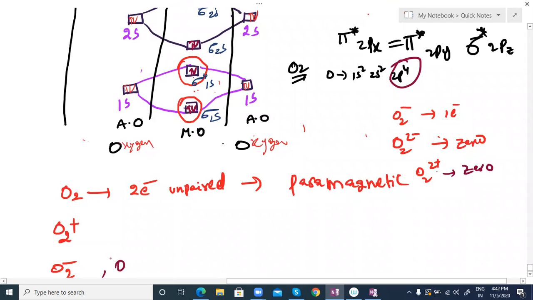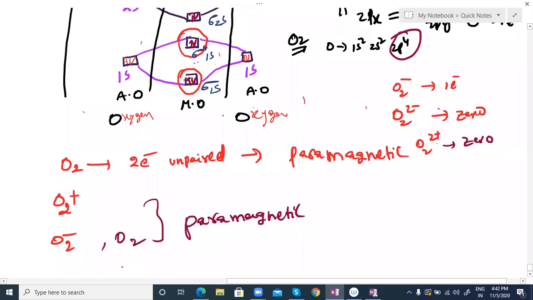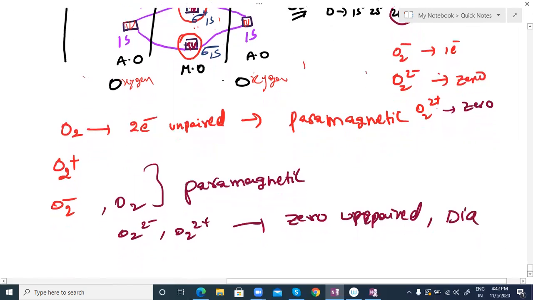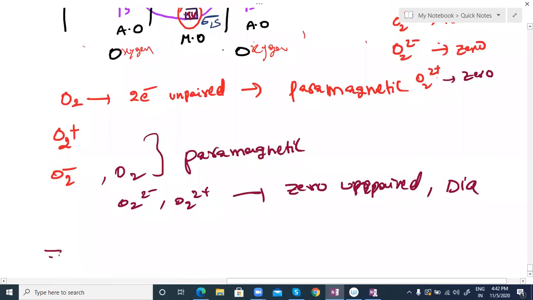O2 plus, O2 minus and O2, these three are paramagnetic. Then O2 2 minus and O2 2 plus have zero unpaired electrons, so they are diamagnetic in nature.